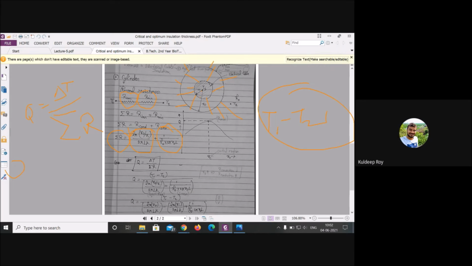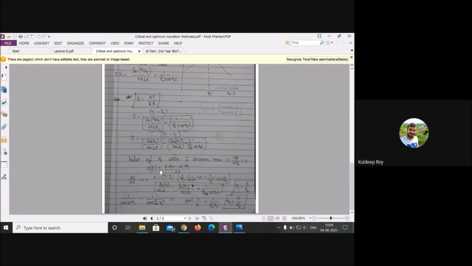T1 inside, T2 here. T1 will be here at the surface, meaning the whole body you are assuming is at T1. Whole body means only this body, the cable wire body. This is whole T1. I'm talking about this body only. Then T1 minus T2.